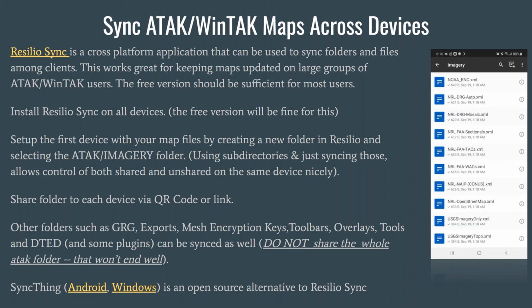It works for other things besides map files, DTED. You can even share like your mesh encryption key. So imagine you want to rotate your keys. You literally just change a file on one phone and it spits it out to all the rest that have connectivity. It really makes syncing all of your devices with that type of data pretty easy.